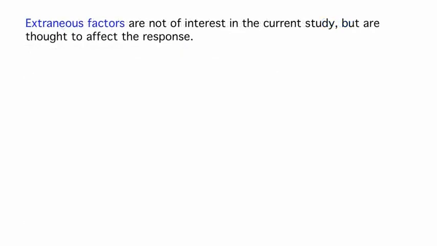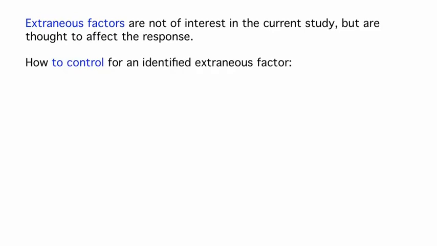Extraneous factors are factors that are not of interest in the current study, but are thought that they might affect the response. They need to be controlled to rule out the possibility that the extraneous factor is causing any observed differences in the response. To control for an extraneous factor, we have a couple of different options. The first option is to hold it constant.